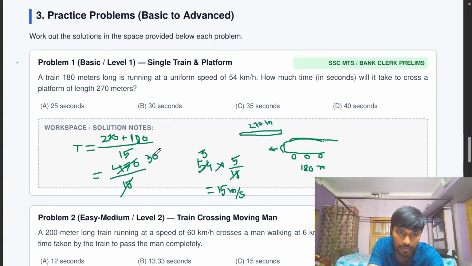Okay. So it will take 30 seconds to cross a platform of length 270 meters. 30 seconds is the right answer.